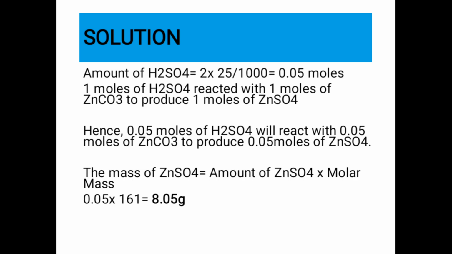Then we do the stoichiometry again by saying 1 mole of H2SO4 reacts with 1 mole of ZnCO3 to produce 1 mole of ZnSO4. Therefore, since they have the same stoichiometric ratio, 0.05 mole of H2SO4 is the same as 0.05 moles of ZnSO4. So the actual moles of ZnSO4 is 0.05 mole.